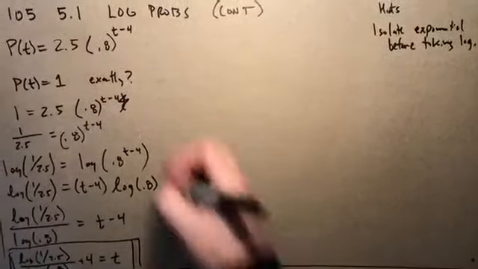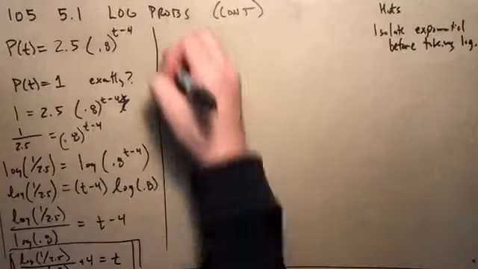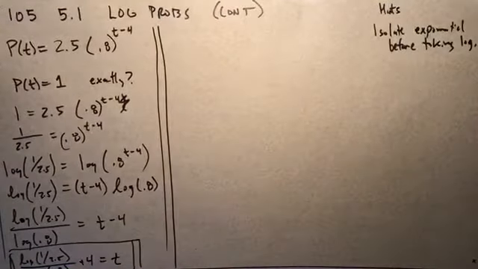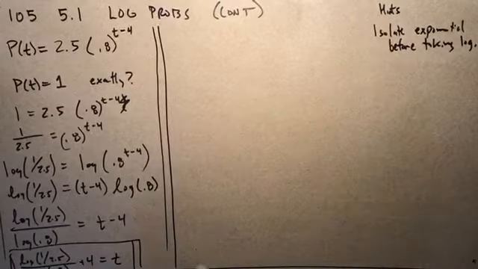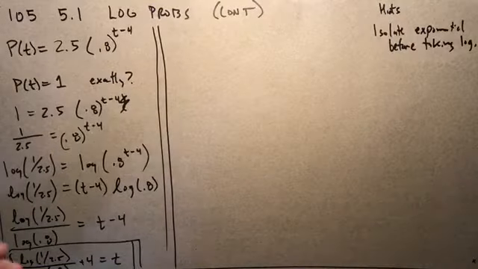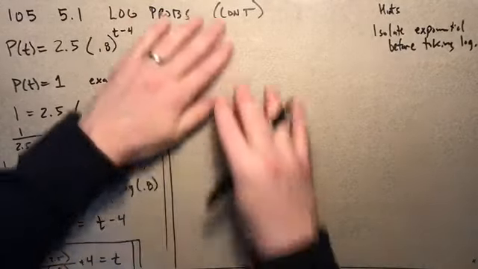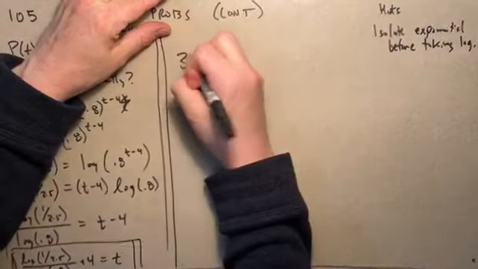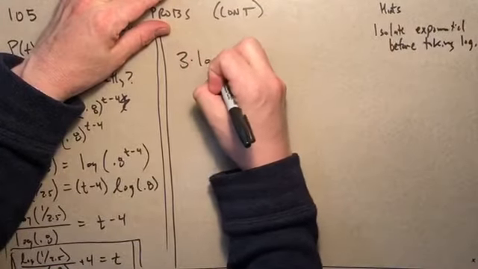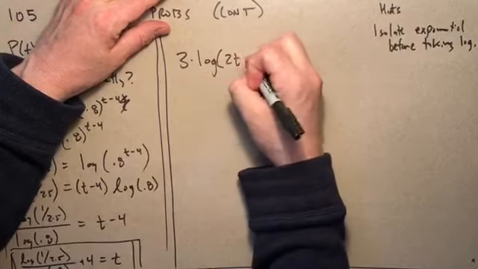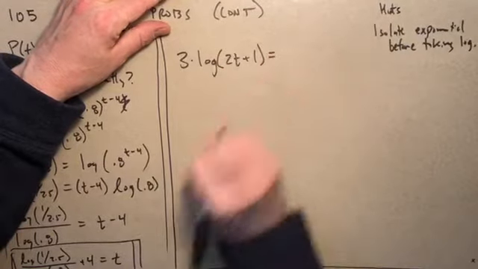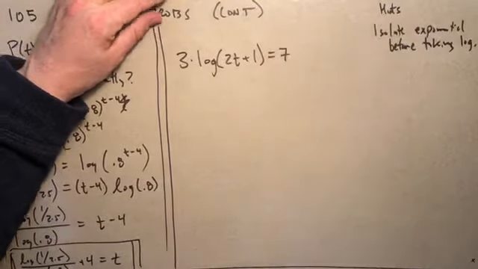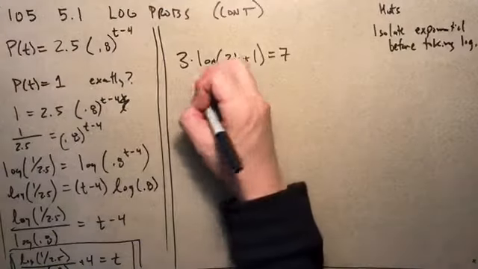Let's go again. Let's do a different problem. And this time I want to have a log problem, not an exponential. Now, I know that you might not like it, but we'll have 3 times the log of 2t plus 1 is equal to 7. And we want to solve for t.